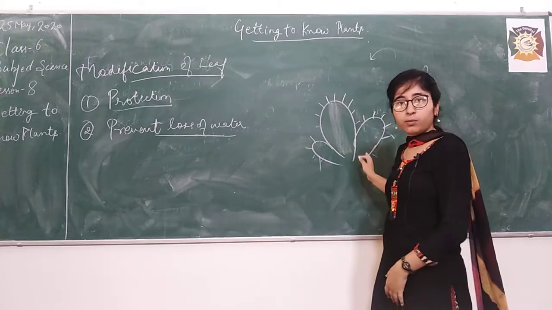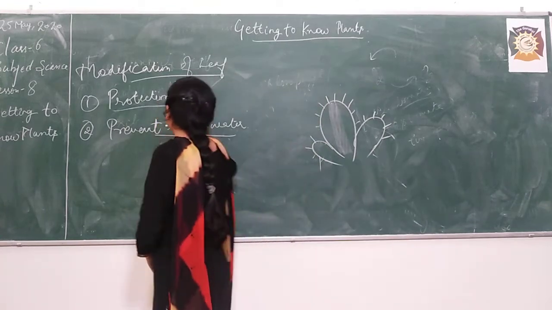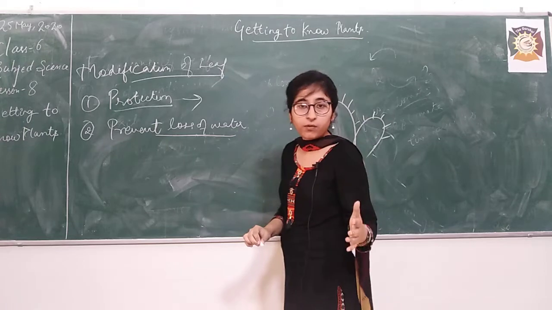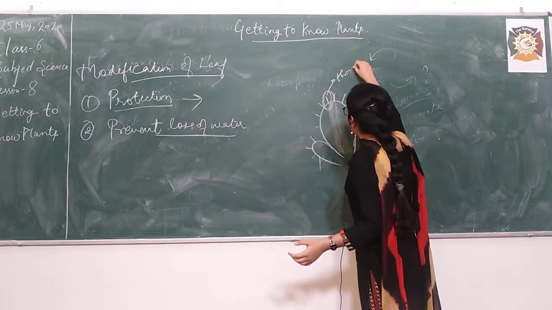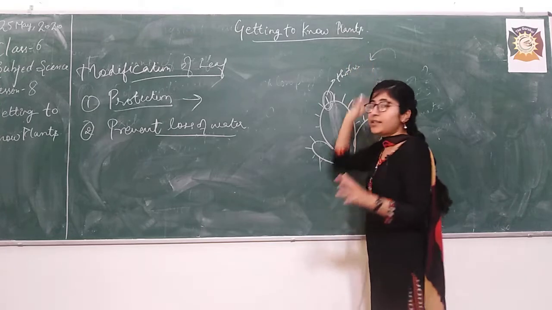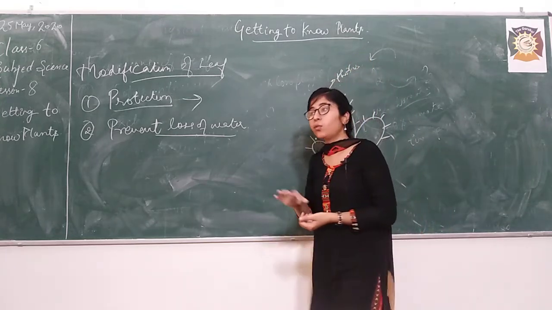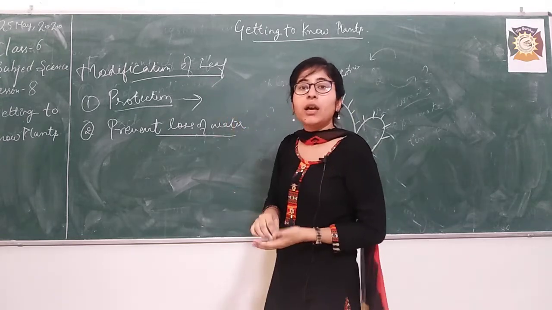Why? Because of this thorn. So what is this leaf? This is a modification of leaf. These thorns are modification of leaf, right? These are thorns, or we can call them spines. So these are modifications of leaves. What do they do? They protect the plant against animals.